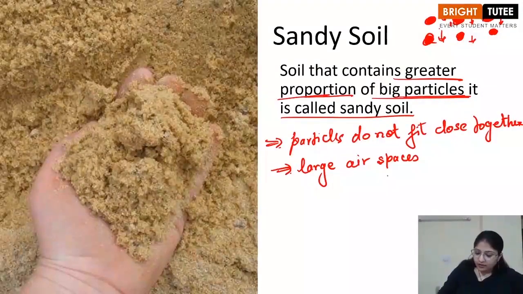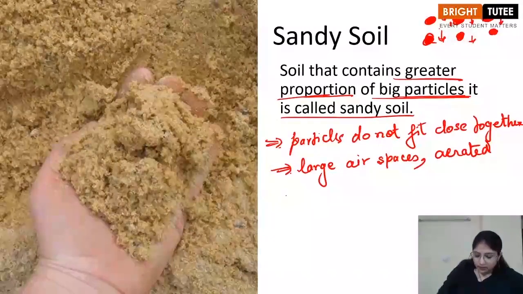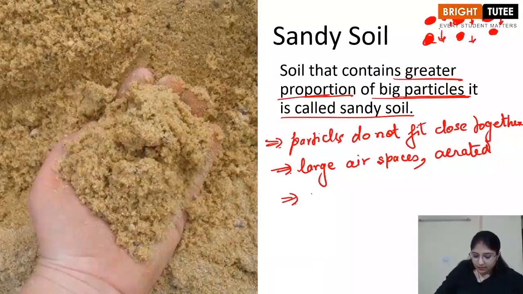So it has large air spaces, that is why the soil is aerated, right? But because these spaces are big, the water retaining capacity is not good. So water drains out quickly, right?